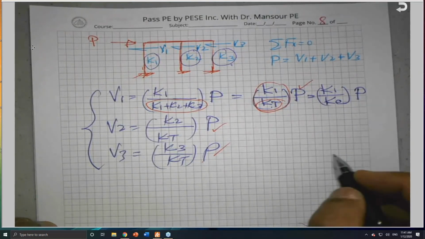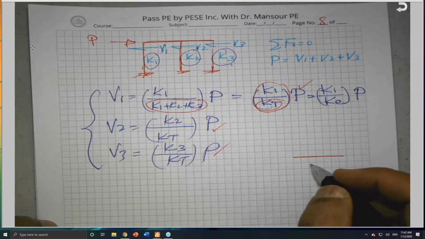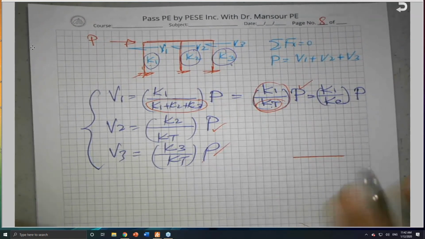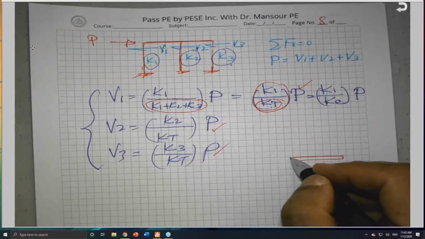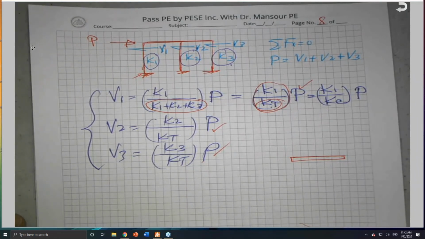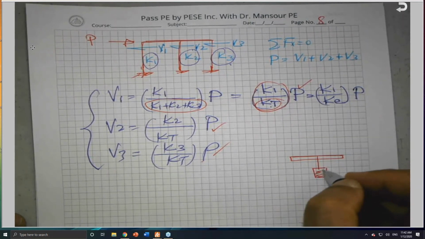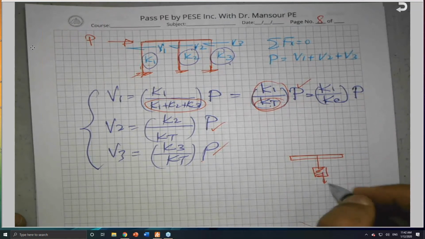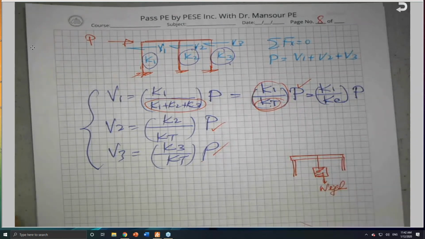Let me remind you of something. Me and you carrying a wood member, and we hang a weight here. This is W, weight. And here is Mr. Mansour, I'm carrying here, and you are carrying here.